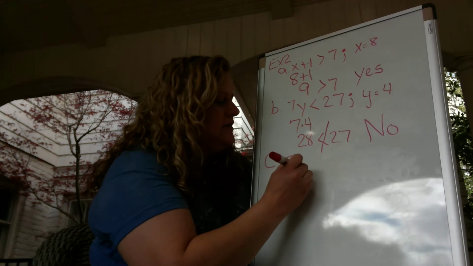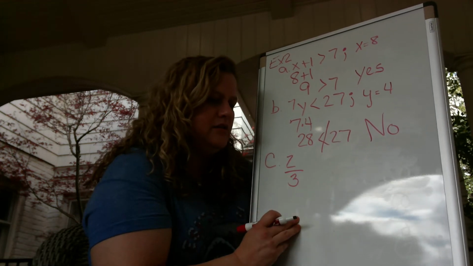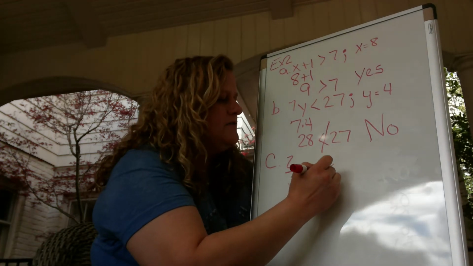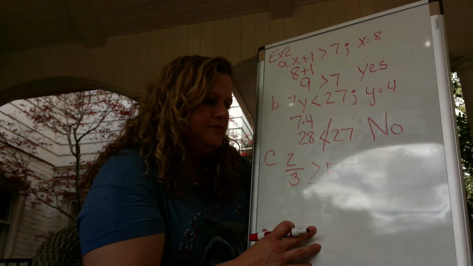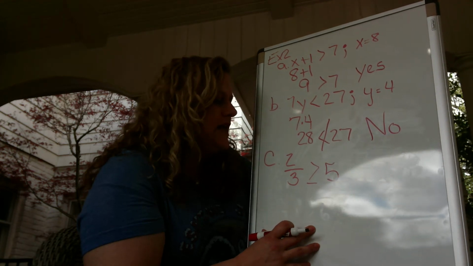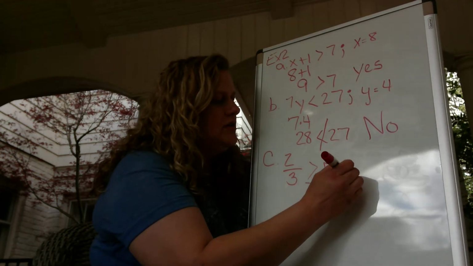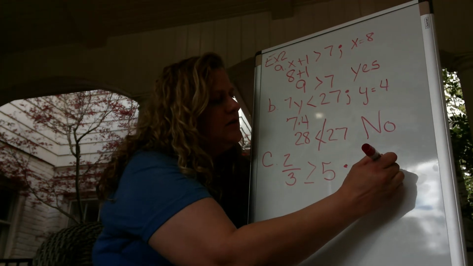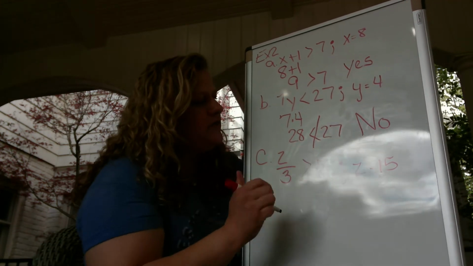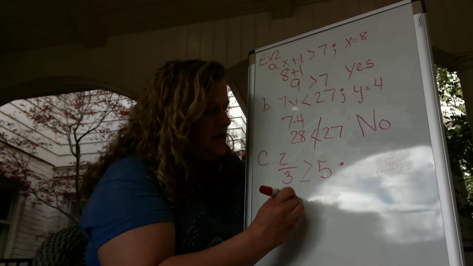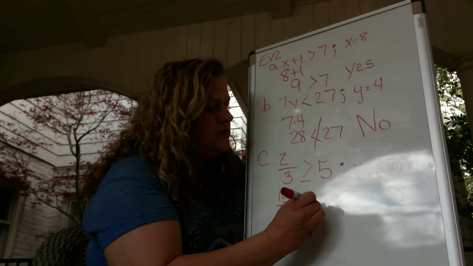And then C says z divided by 3 is greater than or equal to 5. And it says a possible solution for z is 15. So if I put 15 in for z, I end up with 15 divided by 3 is greater than or equal to 5.